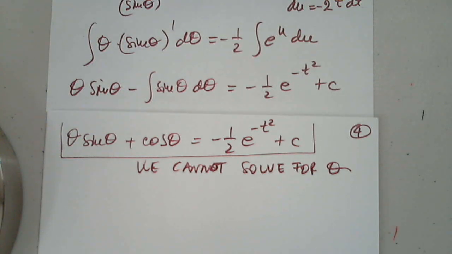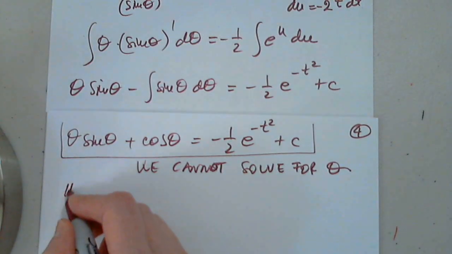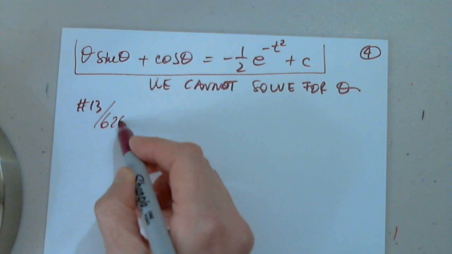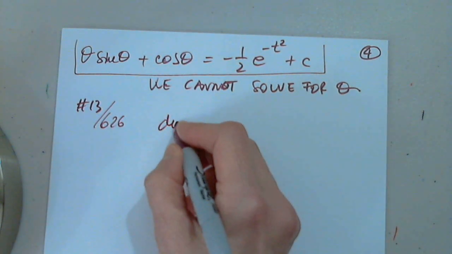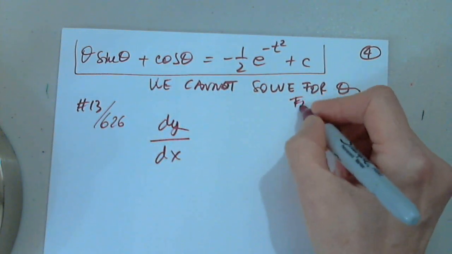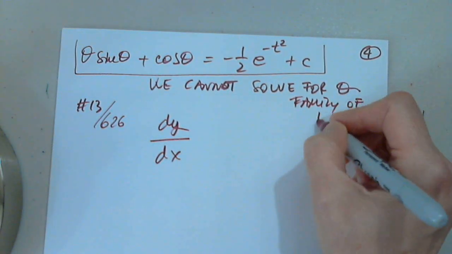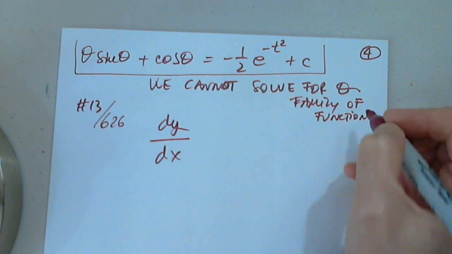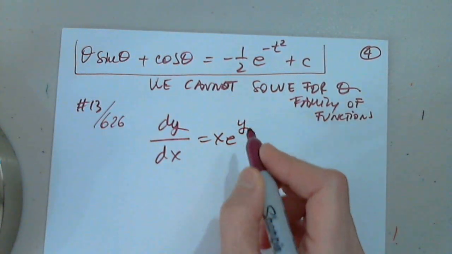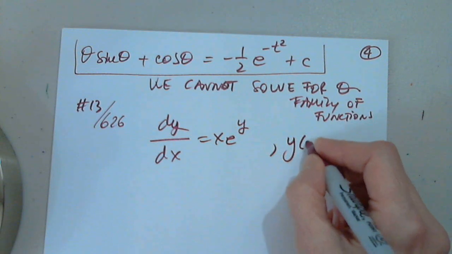Okay, let's also look at, let's say, 13. Still on 626, and they're giving us dy over dx. So again, this is a family of functions. We'll see what happens next when we are given an initial value. So dy over dx equals x e to y, but this time we are given y of 0.